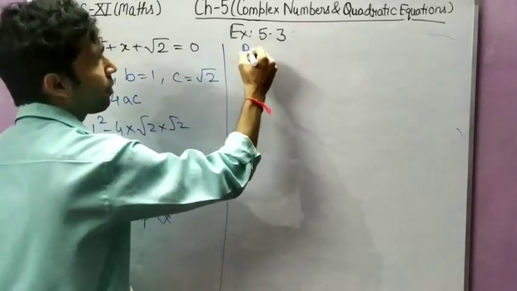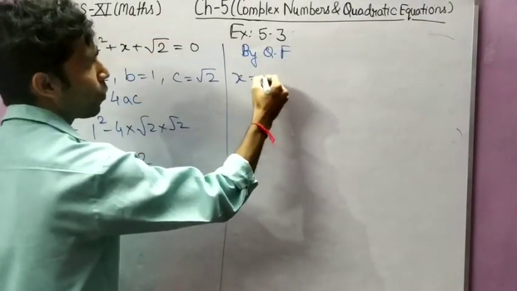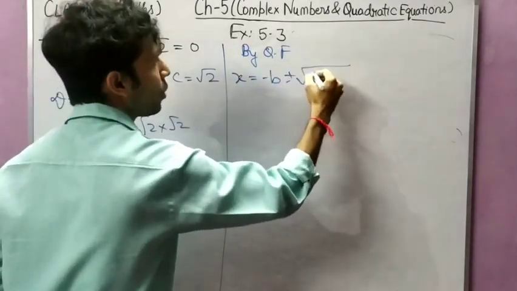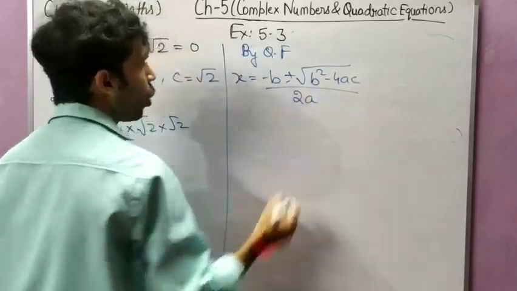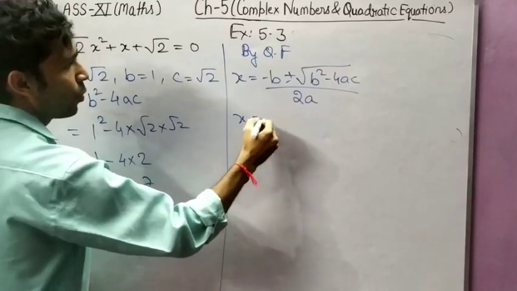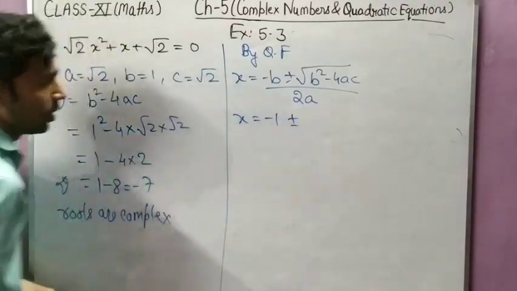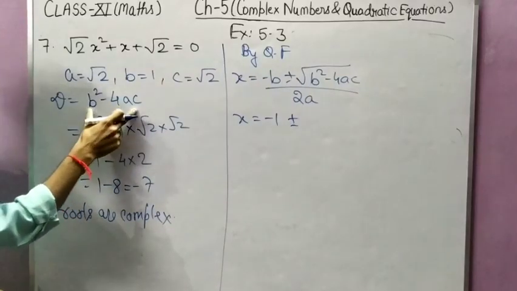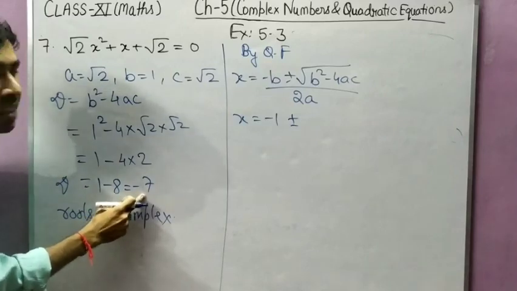So by quadratic formula, x equal to minus b plus minus under root b square minus 4ac upon 2a. Put all the values. So x equal to, the value of b is 1, so minus 1 plus minus the value of b square minus 4ac. Students, see, we have already calculated that, it is minus 7.